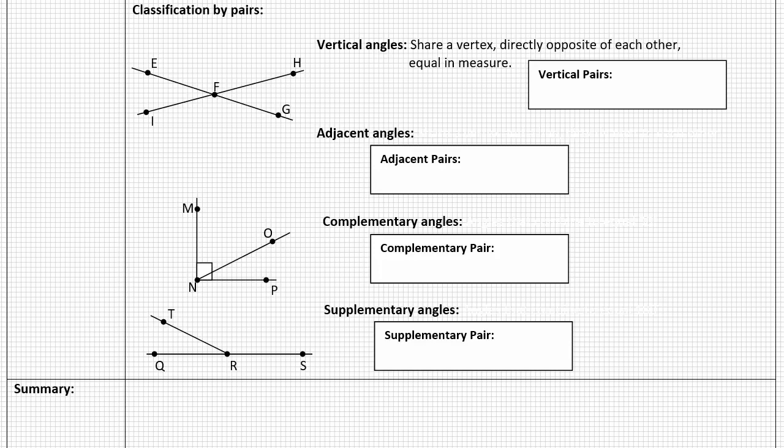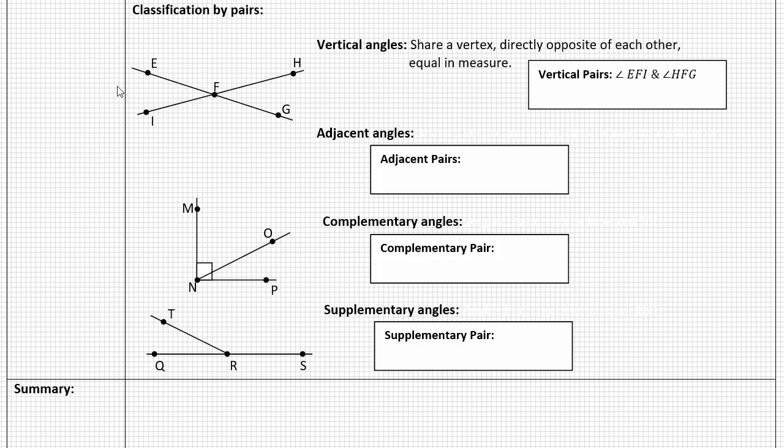Can you see anywhere where angles are directly opposite? Well, here would be a pair, and that would be measure of angle HFG, and this would be the directly opposite pair. So always think about it as like the bow tie angles. Those would be vertical angles.